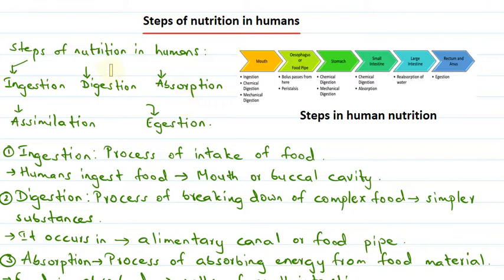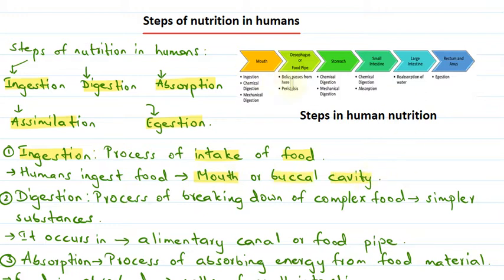The different steps of nutrition in humans are ingestion, digestion, absorption, assimilation, and egestion. The first process that we spoke about was ingestion. Ingestion is a process in which the food is taken inside our body, with the help of the mouth or buccal cavity.